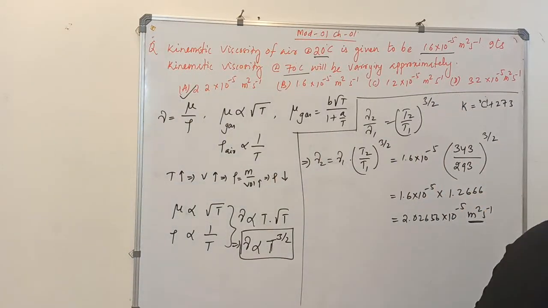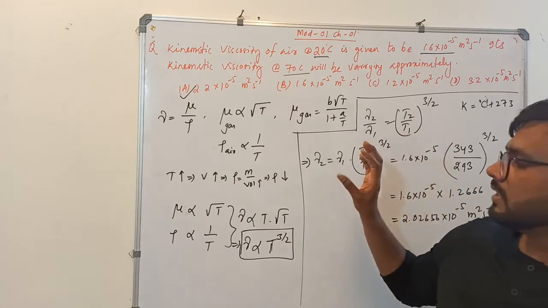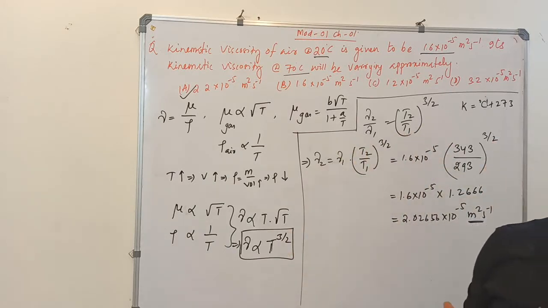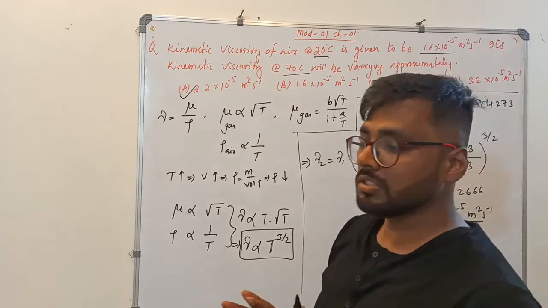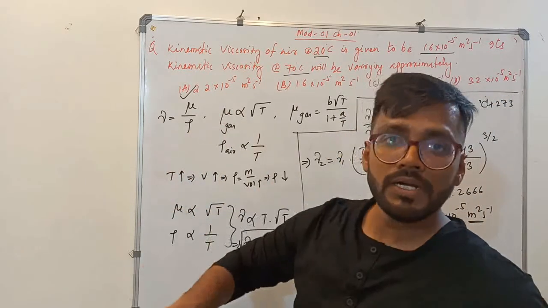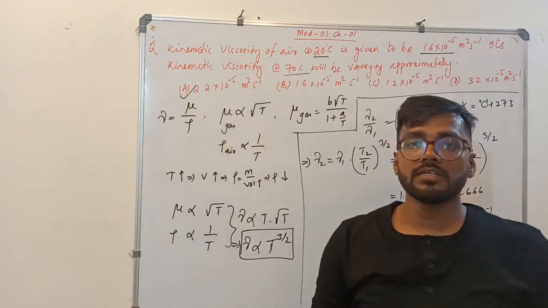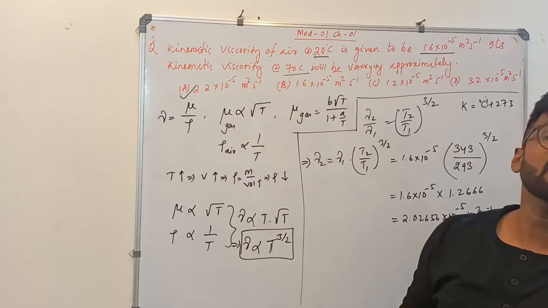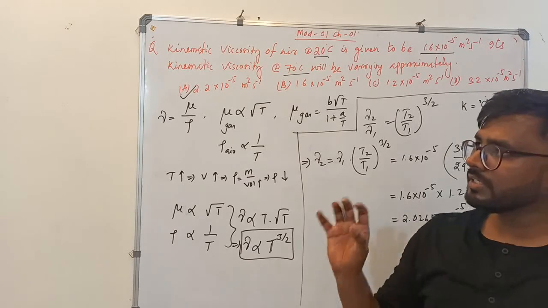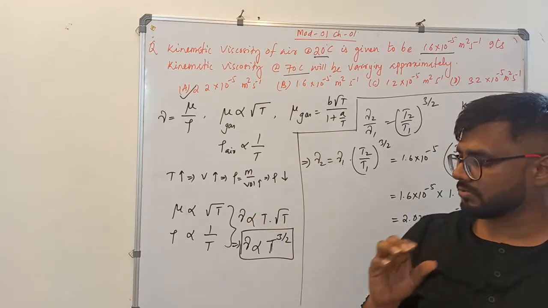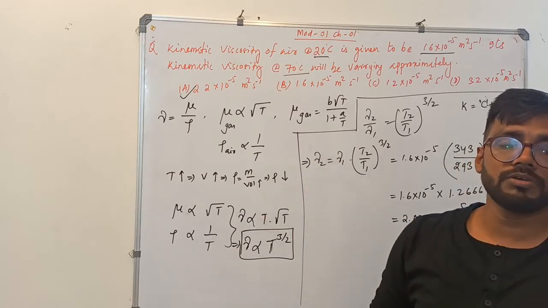So look at this problem. This is an improvisation problem, kind of an analytical problem. In our course, we have studied rho independently, and we have studied the variation of mu with temperature independently. Now here they mixed the problem and gave you a question. That's why you have to be very thorough with whatever subject we are doing. You have to go through the entire topic we are discussing.